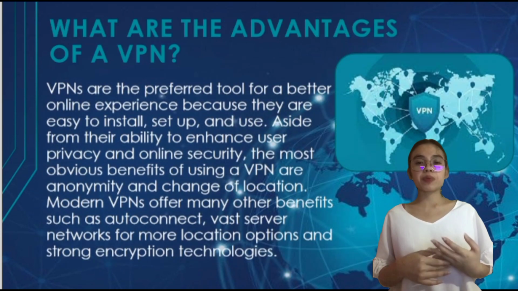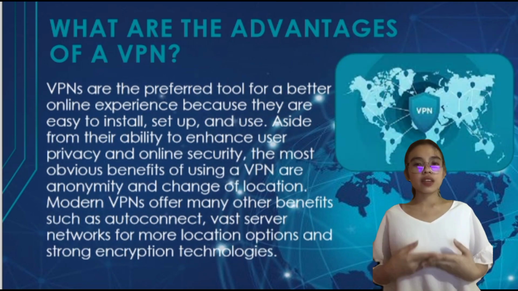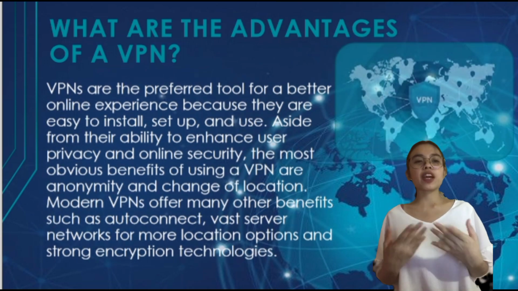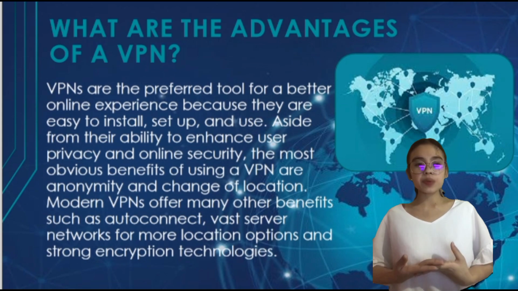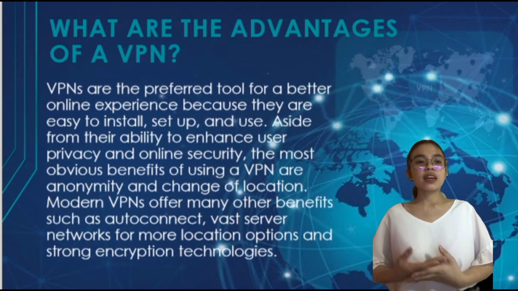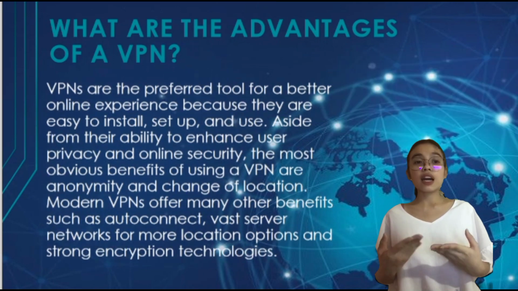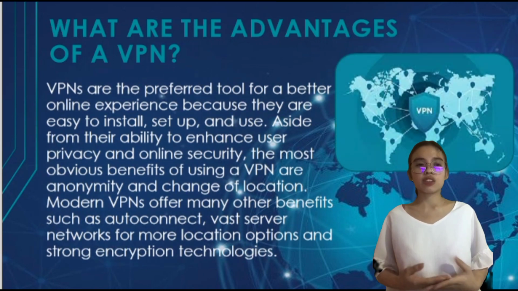So VPNs are a preferred tool for a better online experience because they are easy to install, set up, and use. Aside from their ability to enhance user privacy and online security, the most obvious benefits of using a VPN are anonymity and change of location.